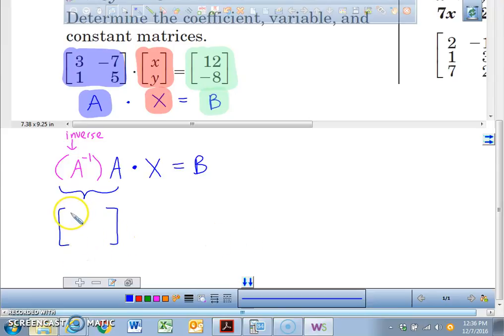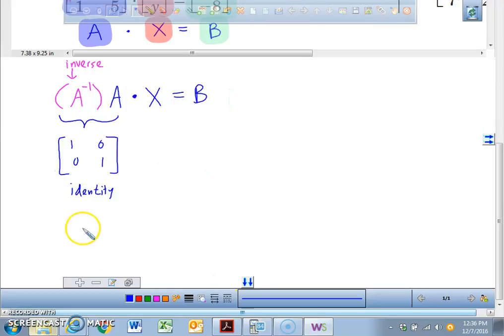An identity matrix, which is 1, 0, 0, 1. So I want you to understand, inverses always multiply together to equal this concept known as an identity matrix. So whatever A to the negative 1 is times A, that equals 1, 0, 0, 1. If you're working with a what? A 2 by 2, which we are.